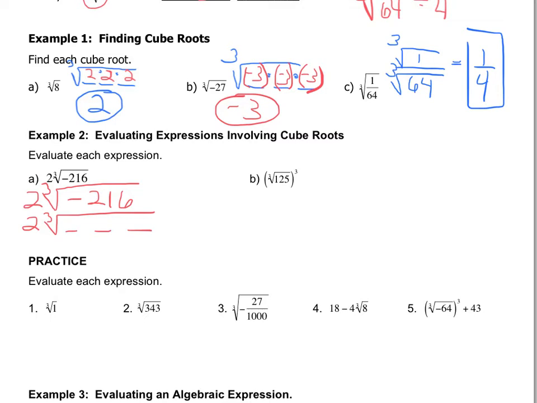Well, they have to be negative because I need that negative number there. And if I go up, 5 times 5 times 5 is 125. And if I try 6, that will get me that radicand that I need, which is the negative 216, which then means I can take those 3's out, to then say the cube root of negative 216 is negative 6. Then we can do the multiplication, so the answer is negative 12.